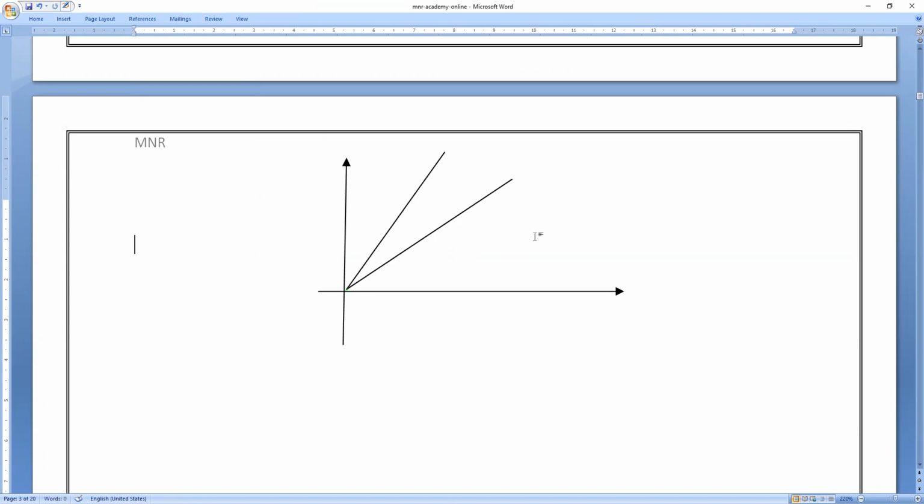Now we want to find who is traveling with a greater velocity. Let me take, this is body A and this is body B. So this graph is a displacement graph.